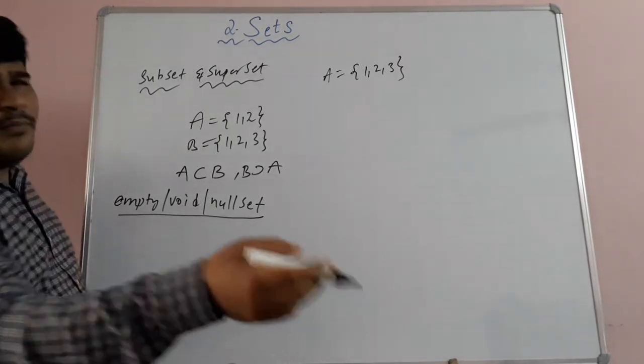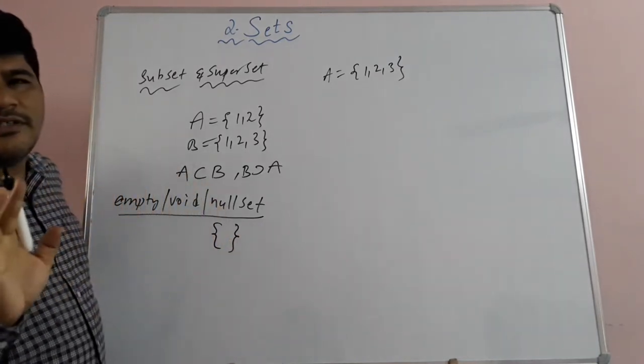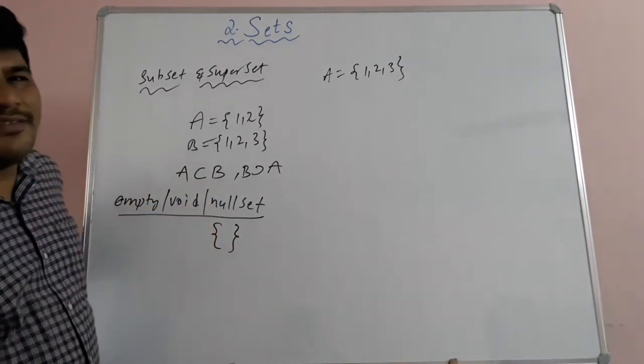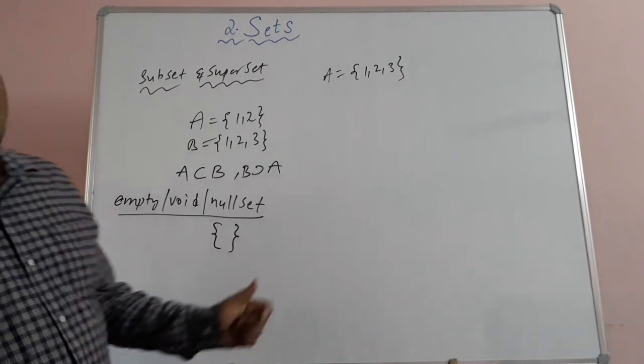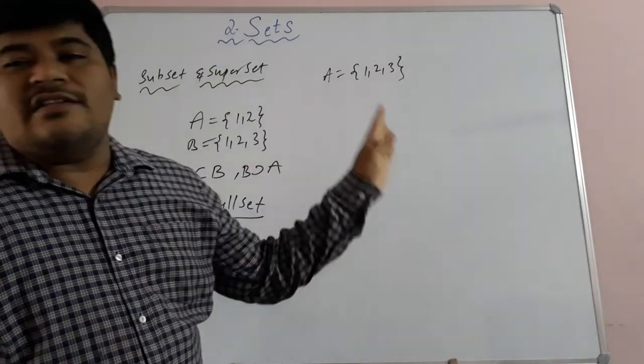What will you write? There are no elements. For those types of sets, you just write the set symbol with nothing inside, because this is an empty set. Actually, the empty set is a subset of all the given sets.